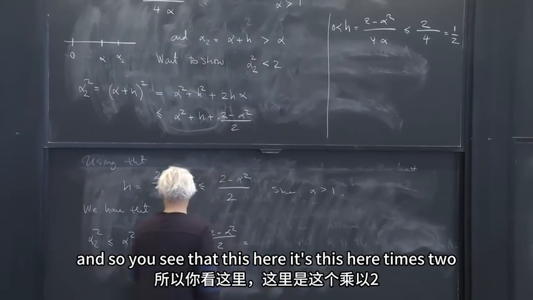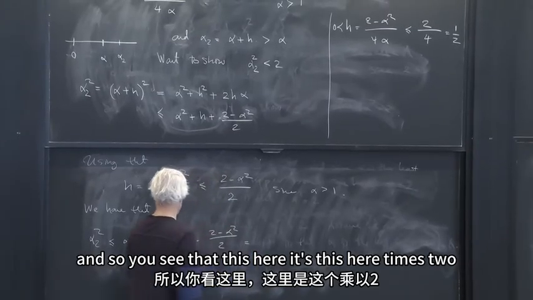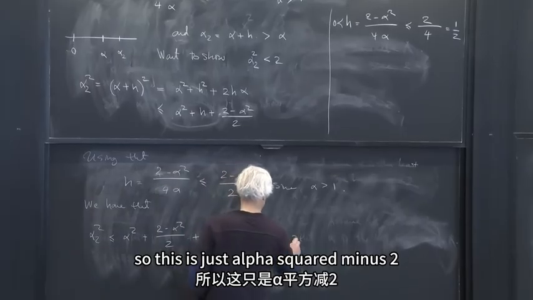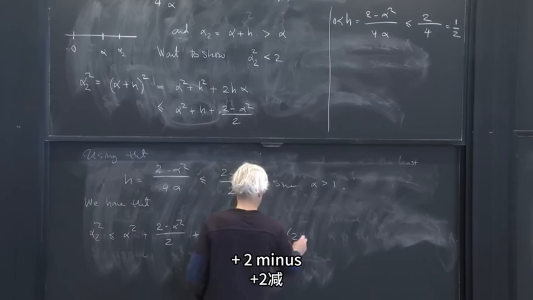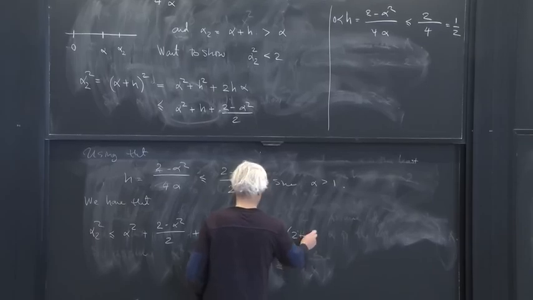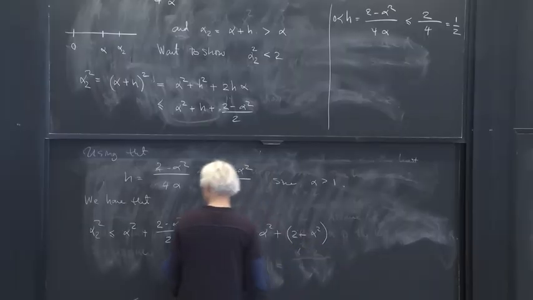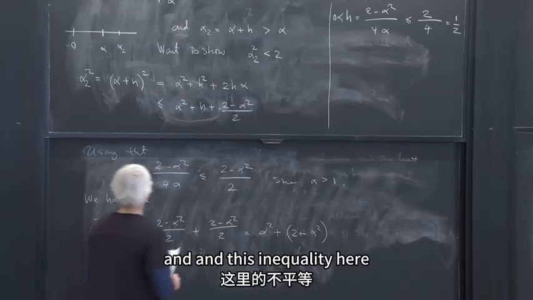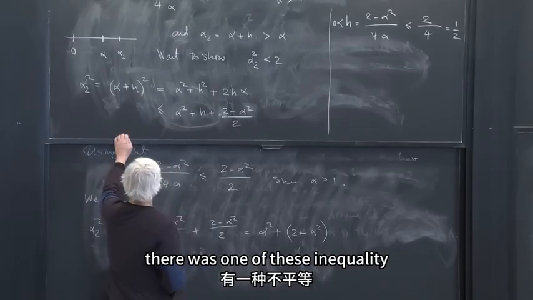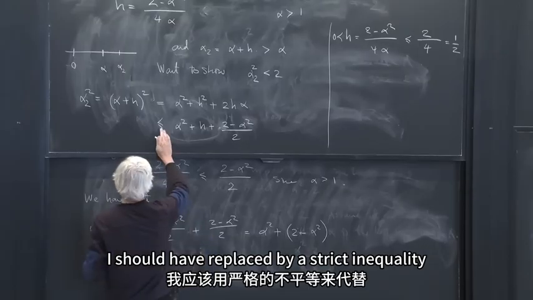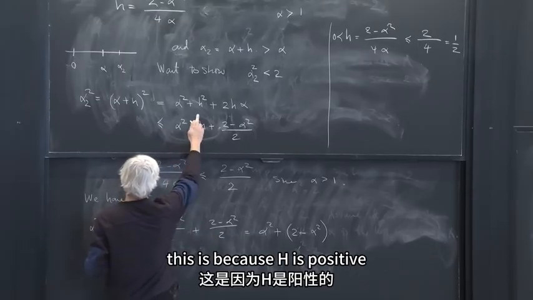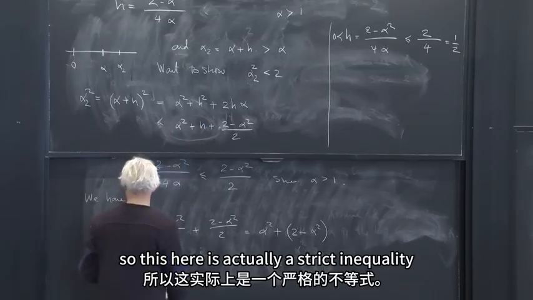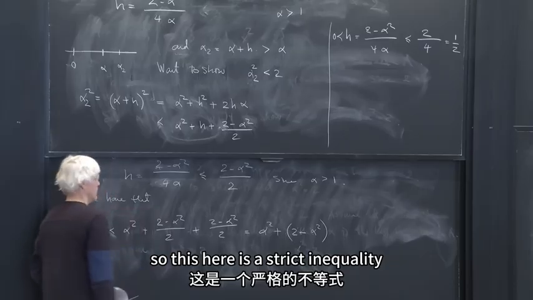And so you see that this here is this here times 2, so this is just alpha squared minus 2 plus 2 minus alpha squared. And this inequality here, there was one of these inequalities I should have replaced by a strict inequality. This is because h is positive and strictly less than 1. So this here is actually a strict inequality.